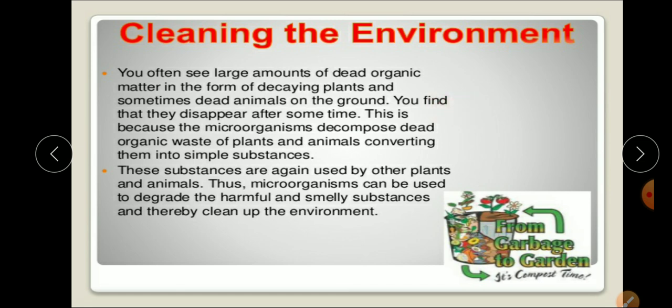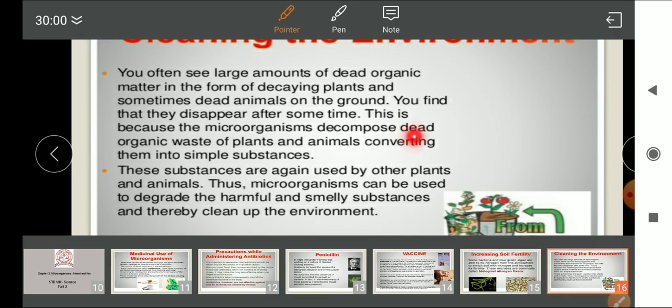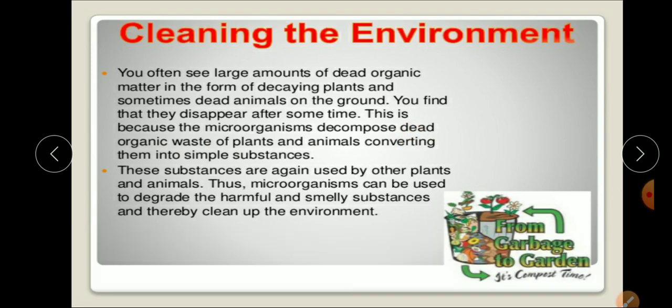You find that they disappear after some time. This is because microorganisms decompose dead organic waste of plants and animals, converting them into simple substances. Understood?